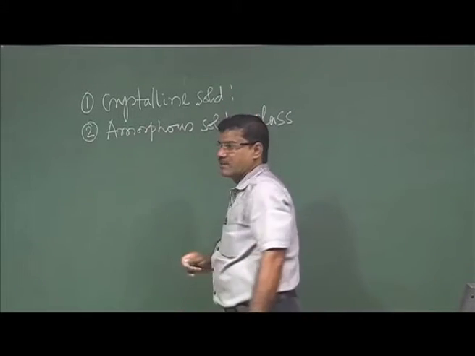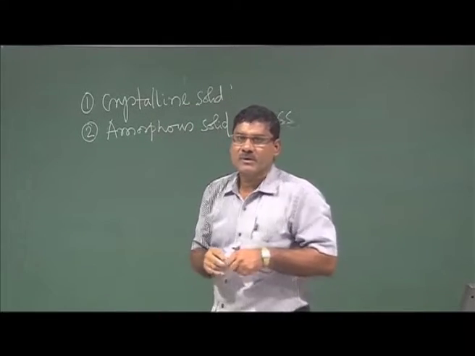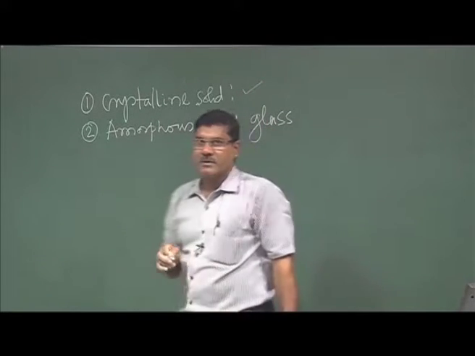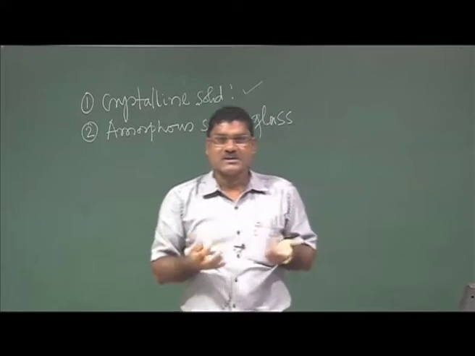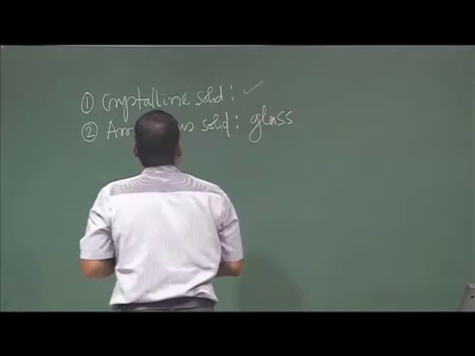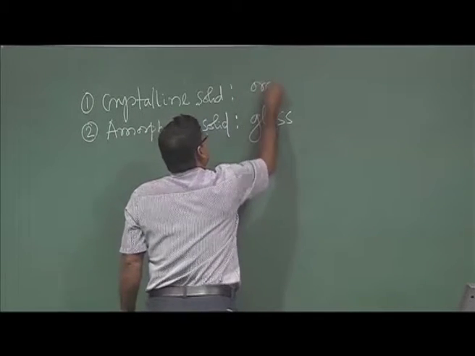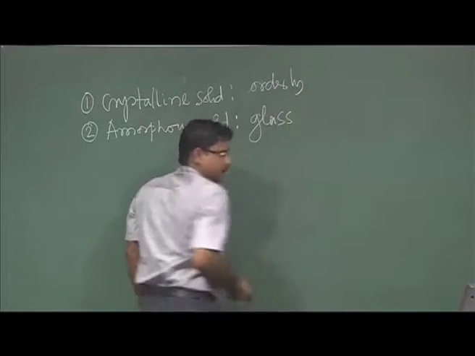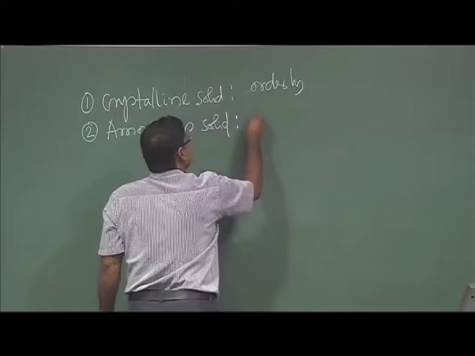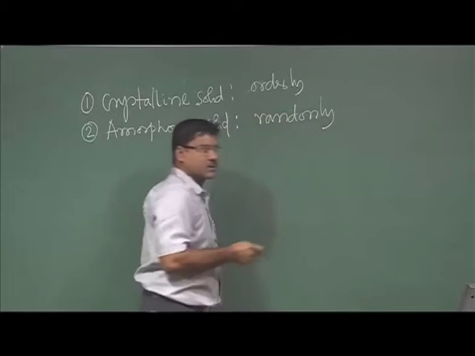Crystalline solid is basically where atoms are arranged orderly in the solid. When atoms are not arranged orderly, they are arranged randomly in the solid, then it will be called an amorphous solid. So, basically here atoms are arranged randomly in solid.